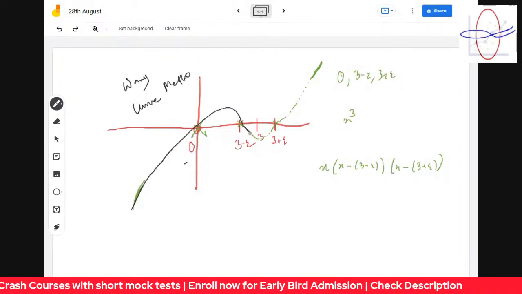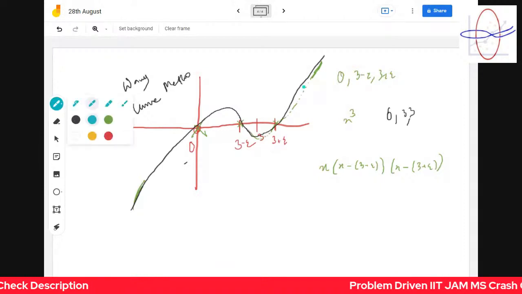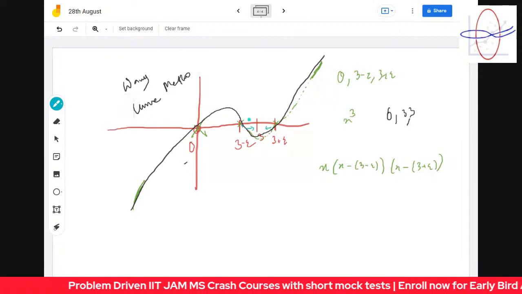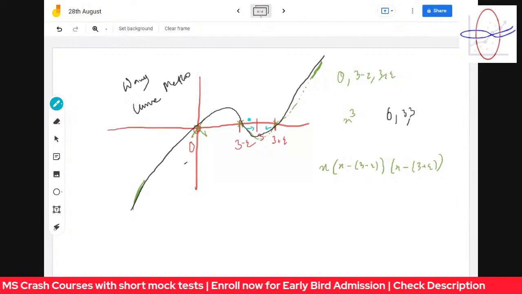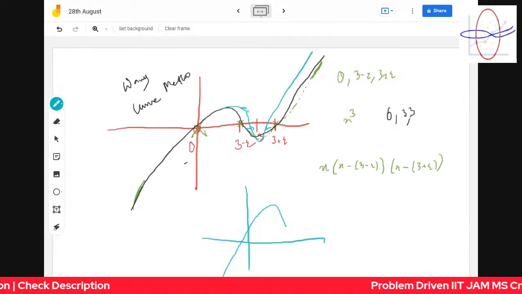But here, the roots are not 3 minus epsilon or 3 plus epsilon. Here, the roots are 0, 3, and 3. In some sense, epsilon is going towards 0, it's shrinking towards 0. So what will it look like? It will go to 0, and then it's going close like this, and close like this, as epsilon goes towards 0.